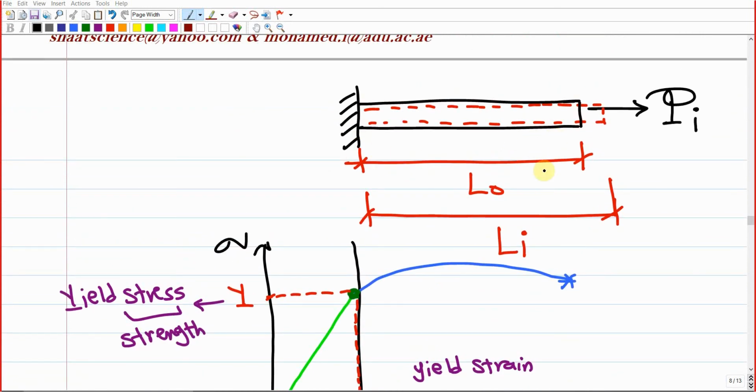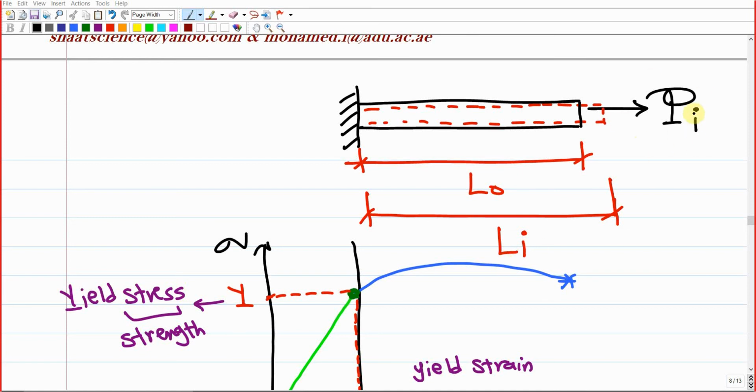If you have this bar with the original length L0 and you stretch it, due to exposing it to a tensile force, Pi, where i stands for instantaneous, at this instant of time this is the amount of force acting on this bar. So this bar will be stretched to another length L, the new instantaneous length of the bar.